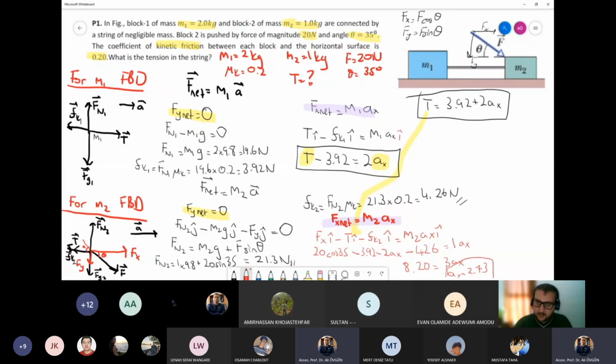And then you can also find the tension. 3.92 plus 2 times 2.73. So T is equal to 9.38 Newton. This will be the tension in the spring.